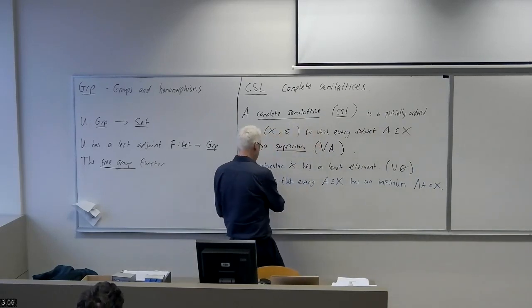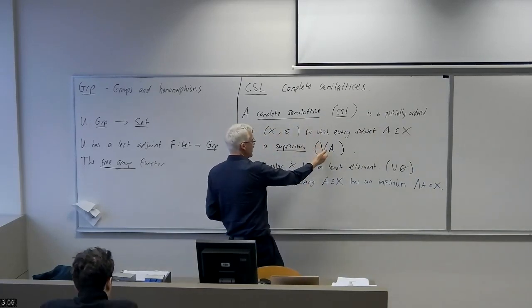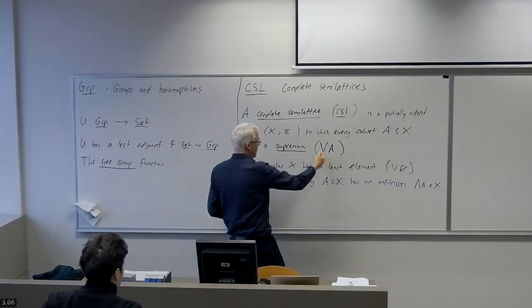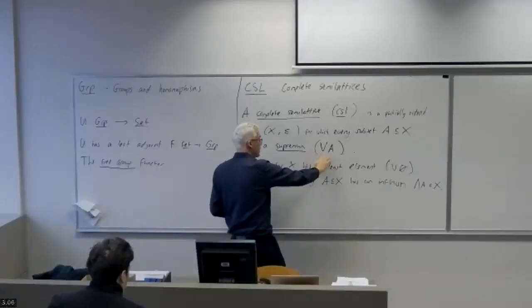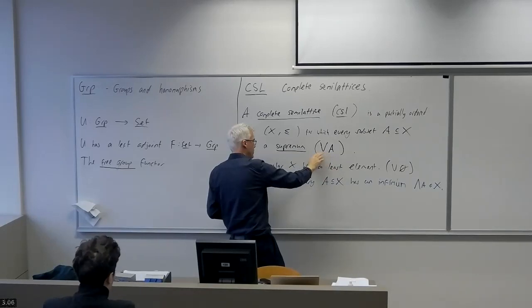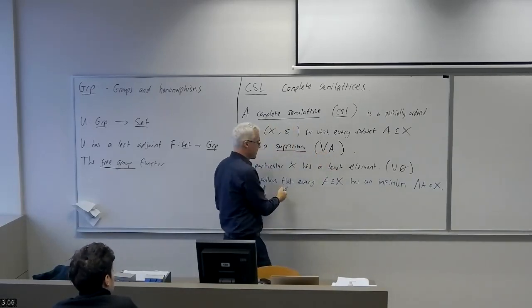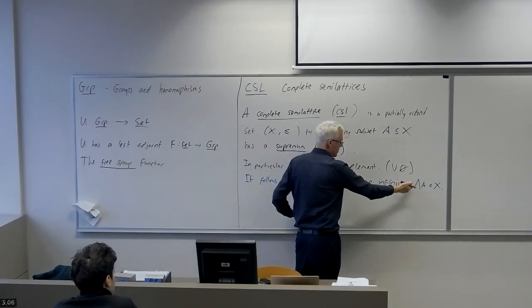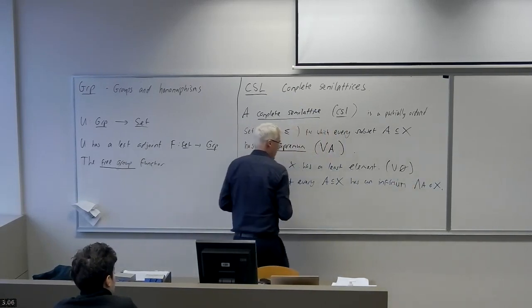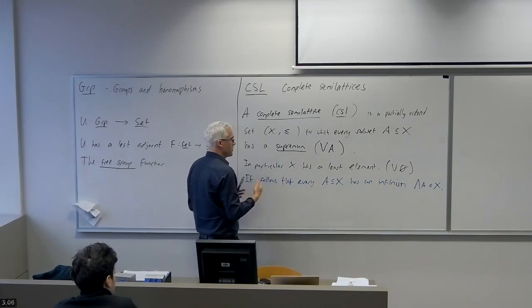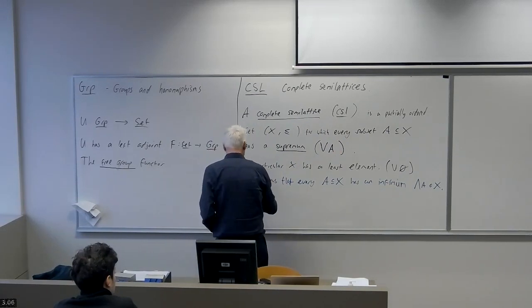So this means that a complete semilattice, we've defined it as a partial order that has arbitrary joins or suprema. Another word for supremum is join. It follows that it also has arbitrary meets, or infima, or greatest lower bounds. And such a structure is called a complete lattice.